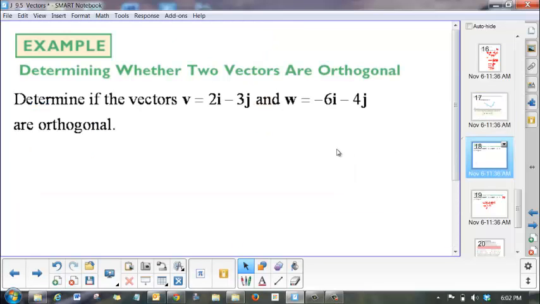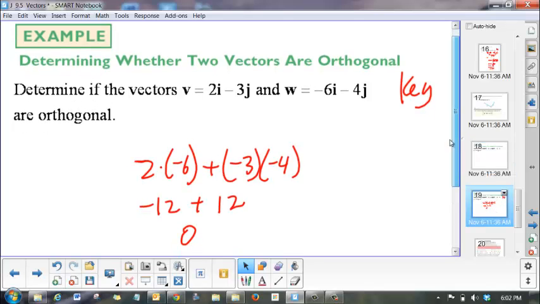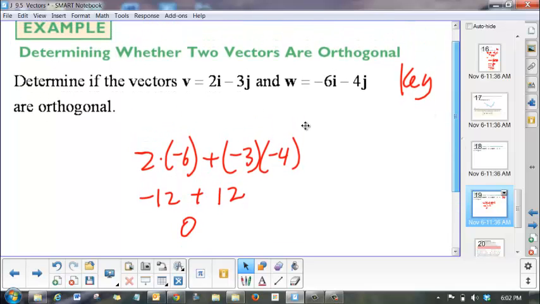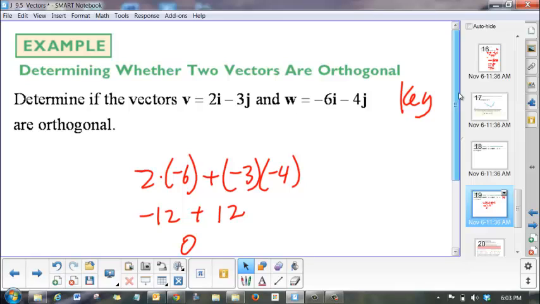I'll give you a chance to try. So what you can do is just find the dot product between those two. Dot product is 0. Therefore, you get your answer. Otherwise, just use the formula and you get 90 degrees.